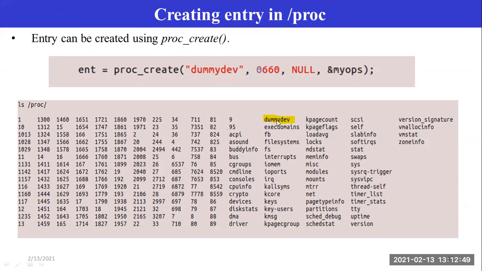A dummy dev is getting created. And I am providing another argument here, which is the pointer of a structure myops. I will show you in a later section.